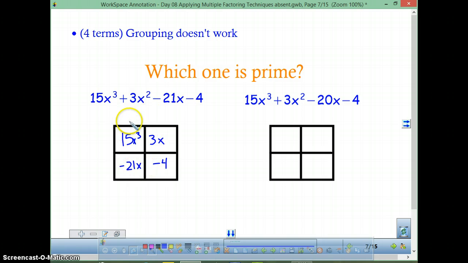Greatest common factors, I've got a 3x here, I've got a 1 here, I've got 3x here, I've got a negative 1 here. I check, does my multiplication work? No. So then I say, did I make a mistake? Did I make a copy error? Oh, I did, look. Does that help me out? No, my multiplication still doesn't work.